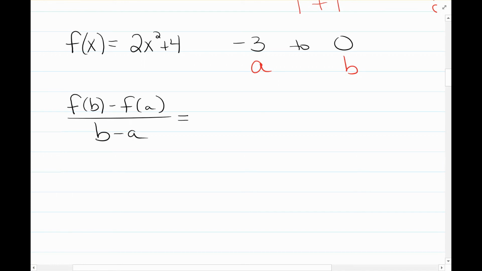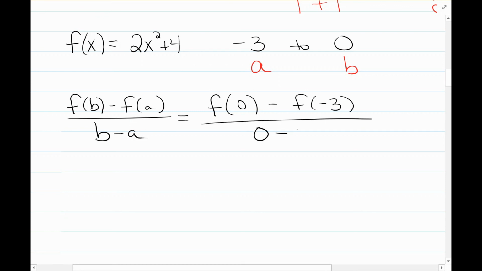So f of b, my b value is 0, minus f of -3. And then at the bottom, I have 0 minus -3. Being careful with my negative sign.